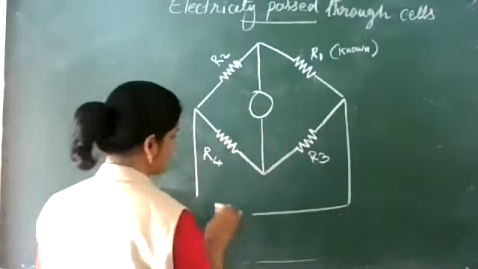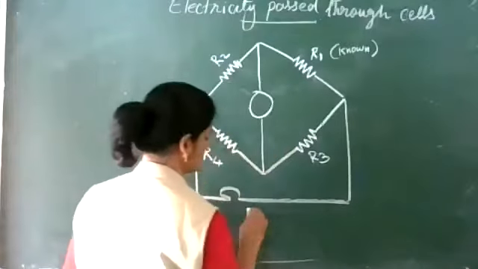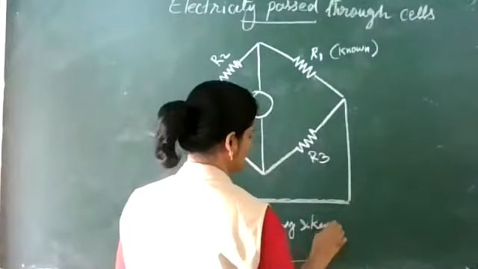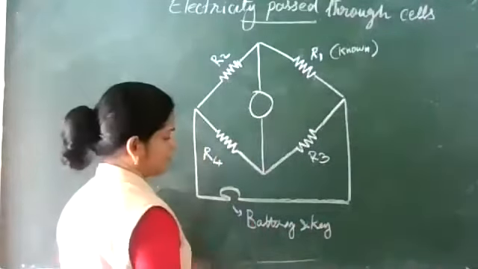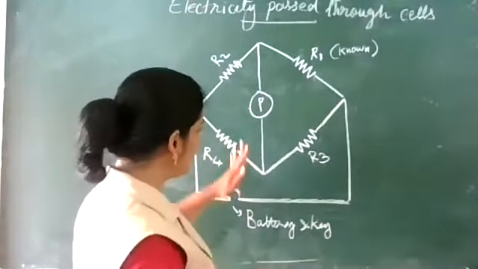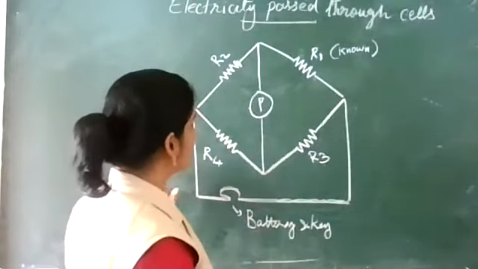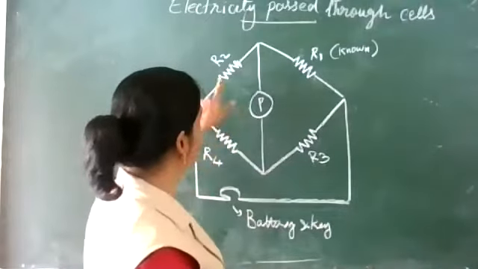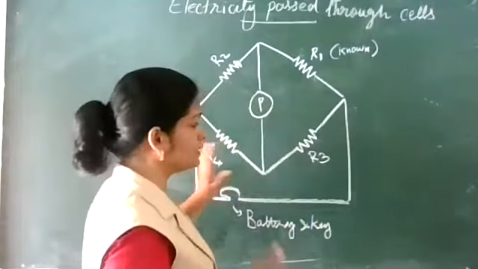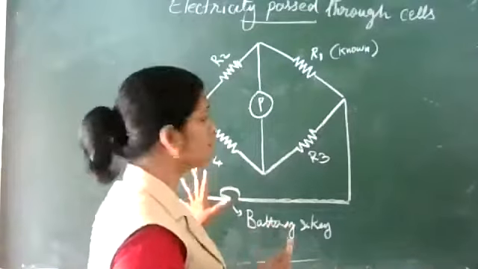When this galvanometer reads 0, it is balanced, and then R1 R4 is equal to R2 R3. When this reads 0, we say this bridge is balanced. This is a balancing method.